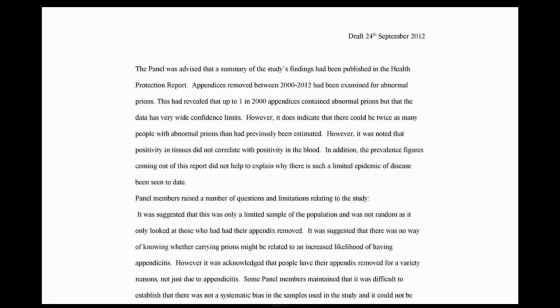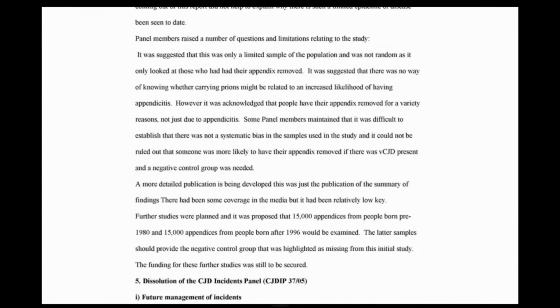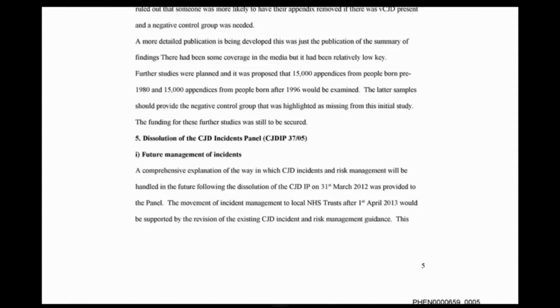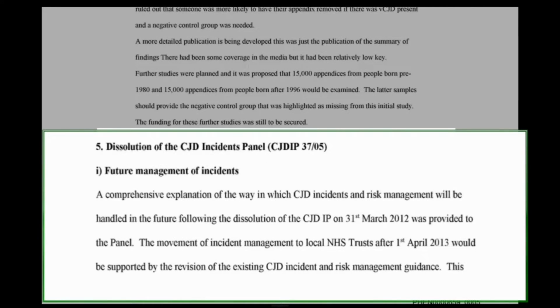It says there, dissolution of the CJD Incidents Panel, and it sets out the future arrangements for management of incidents. A comprehensive explanation of the way in which CJD incidents and risk management will be handled in the future following the dissolution of the panel on the 31st of March 2012 was provided to the panel.